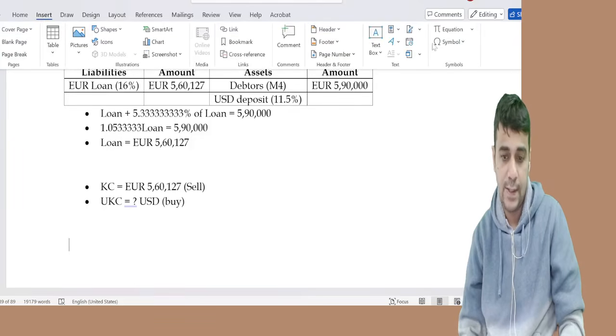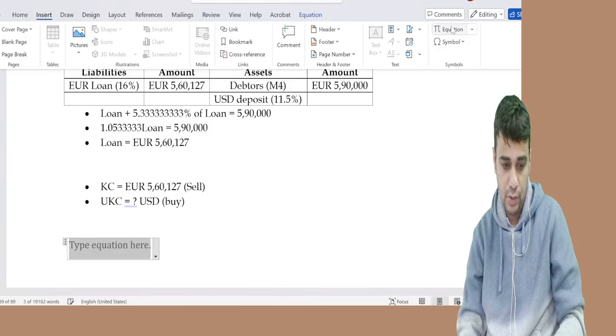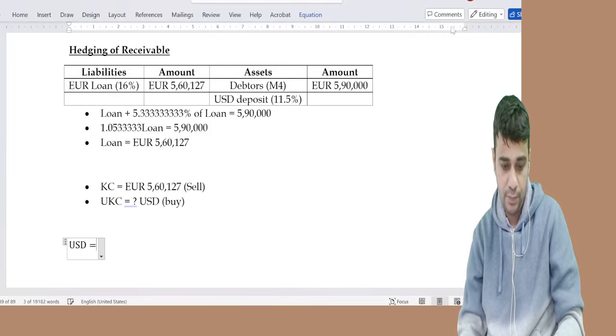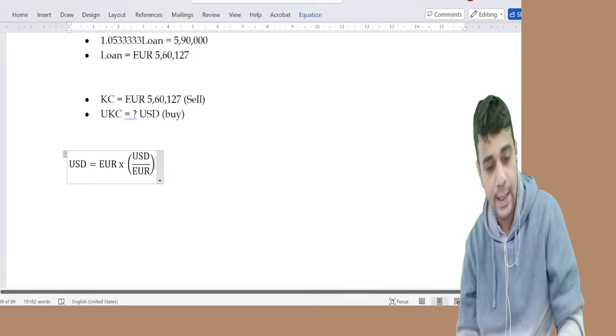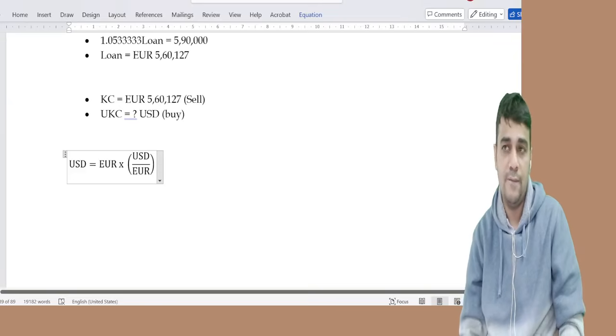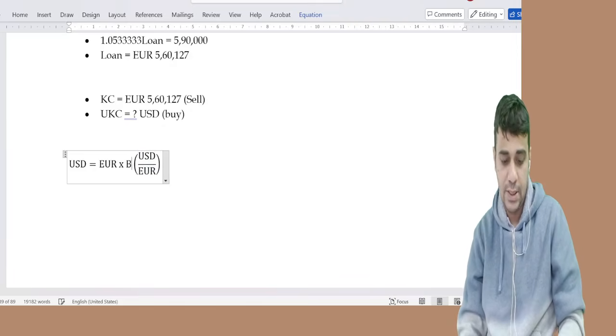US dollar is equal to euro into USD per euro. Denominator currency is euro. We are selling it, the bank is buying it. Bank will buy at what rate?